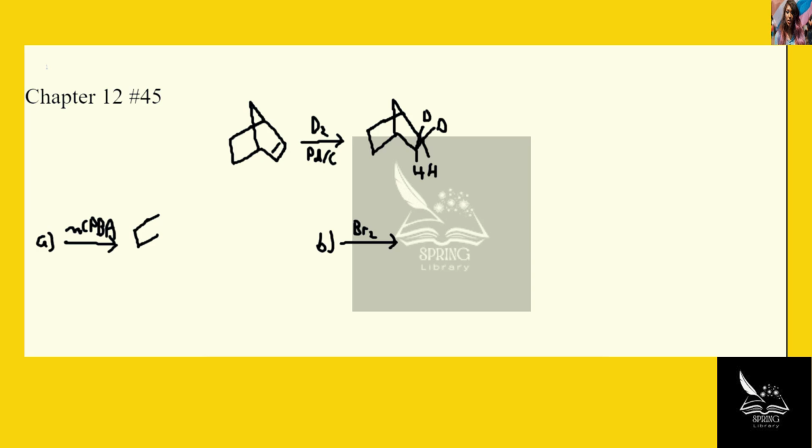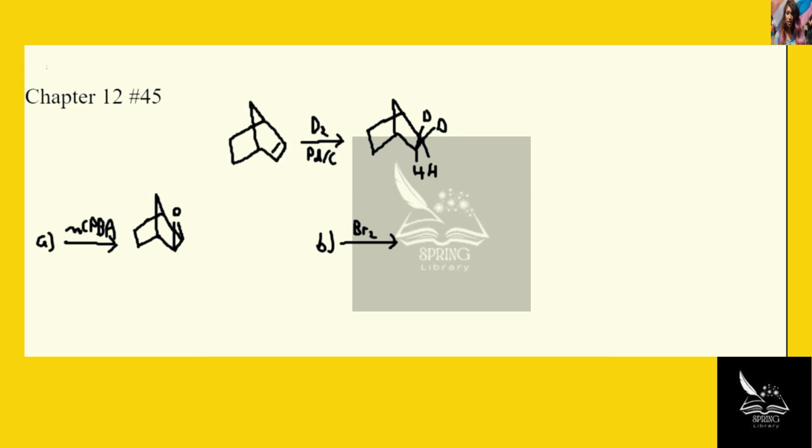And so the product here is going to look like this. So here's our molecule, and the epoxide here is going to be up. So the epoxide is going to look like this, right? Because the MCPBA can only add from that top face. So it's going to add from that top face there.